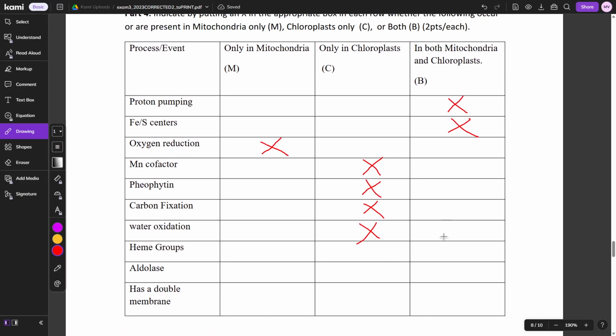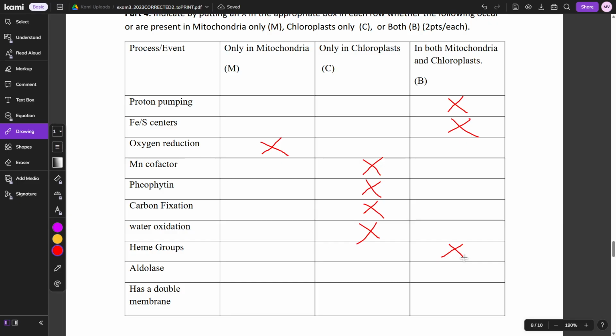Heme groups. Both. So remember how I said those A0, A1 complex, those Bs? Those are all hemes. Those are all heme containing compounds. Remember how those complexes have A0, A1, B1, C, all those things? Cytochrome C, for example, is a heme carrying protein. It's called A, B, and C because it's different types of hemes.